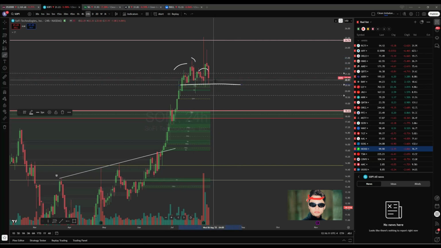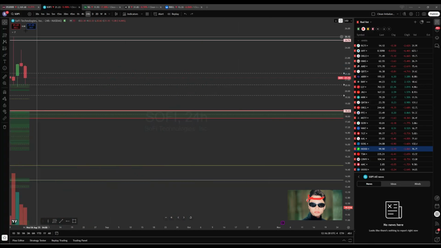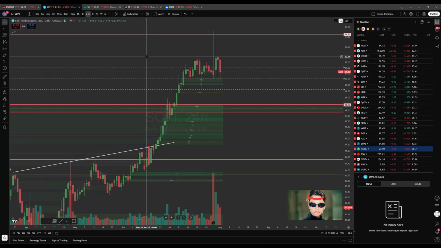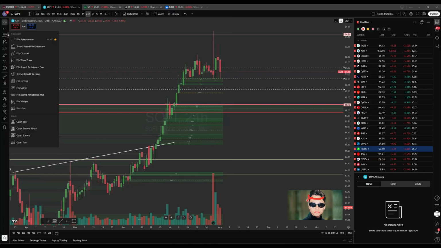You need to break that area before seeing another move down. Until then, it can be a megaphone. But look how price reacted once it got to this imbalance right here. 20 pushed higher every single time it's getting there. So let's draw it.